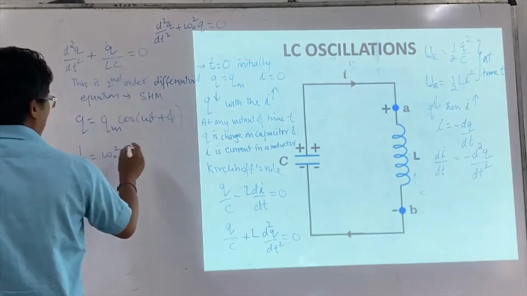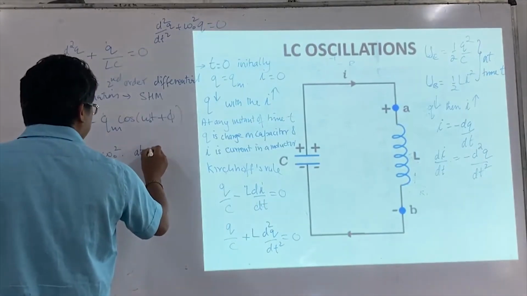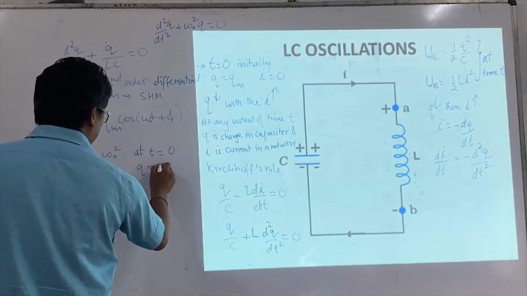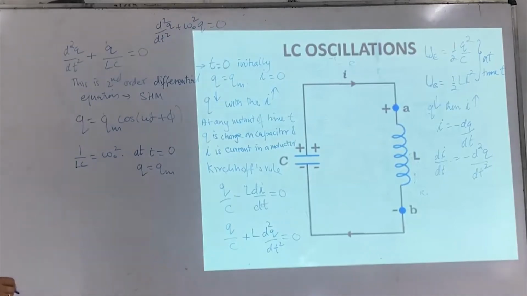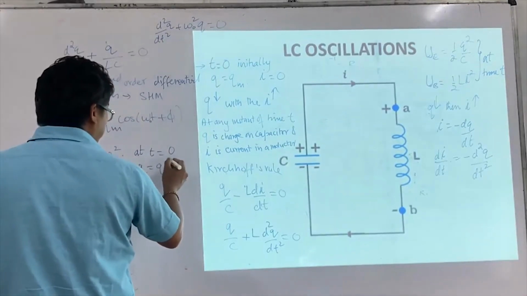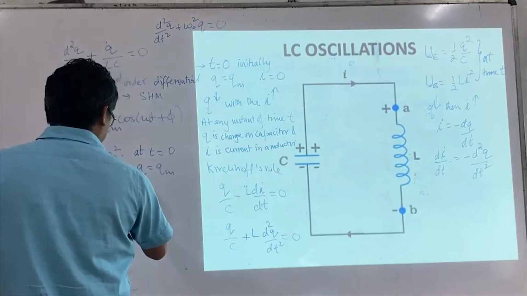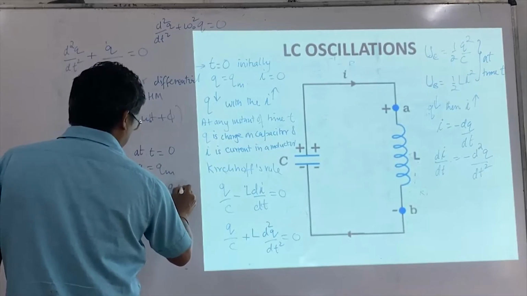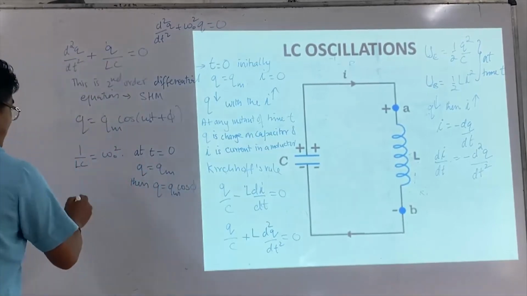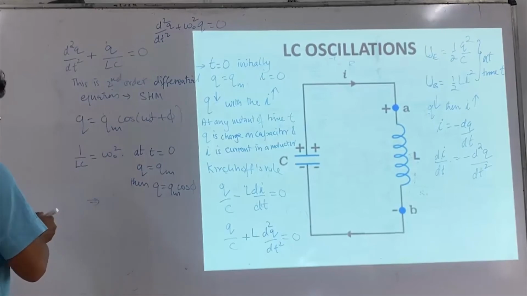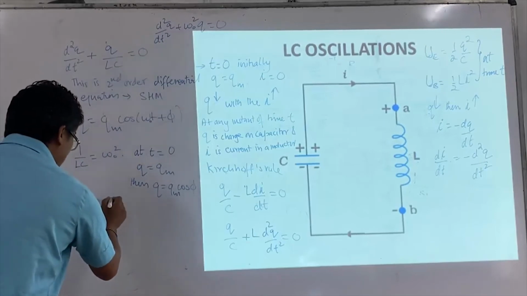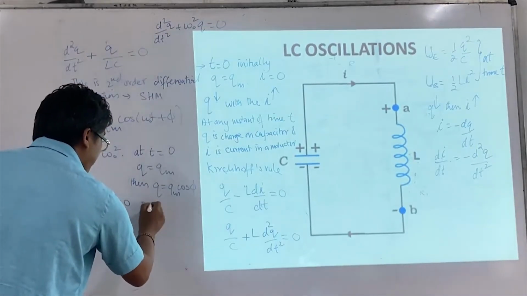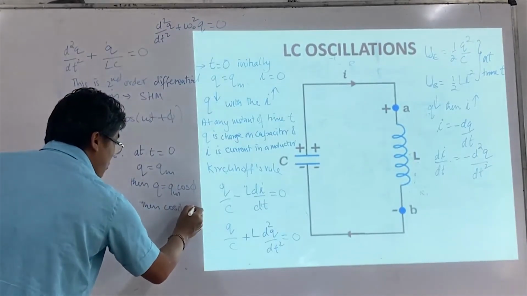Now at t equal to 0, at the initial time, Q is equal to Qm. Then Q equals Qm cos phi, which implies that phi must be 0, so cos phi is equal to 1.